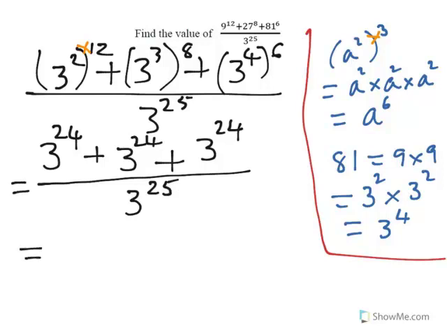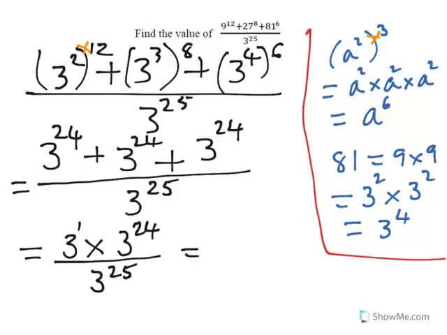Now, so what's the next move? Well, if we think of the numerator as 3 lots of 3 to the 24, then the question becomes much easier to do.